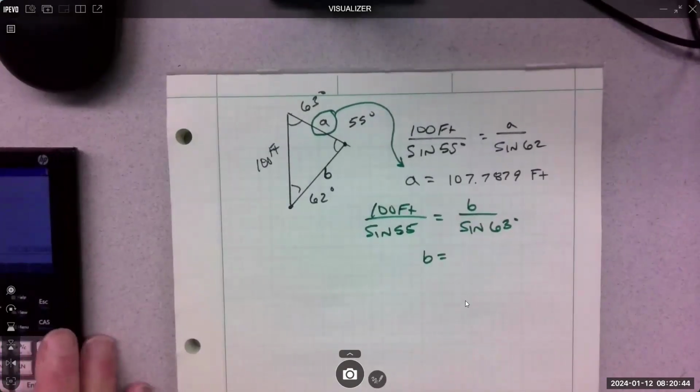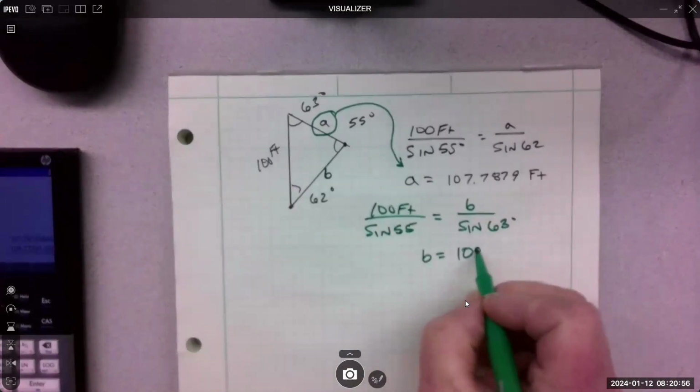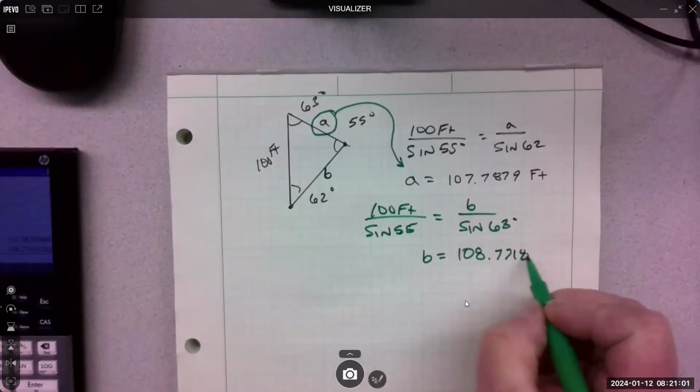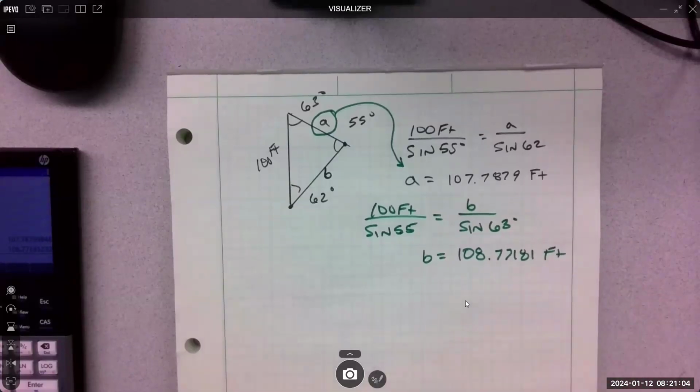That was only like a 10-minute detour. Now we're 108. Sine 62 and sine 62. For this one, times it by sine 62.